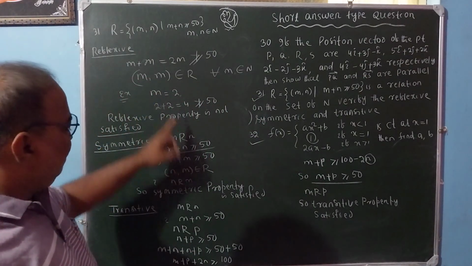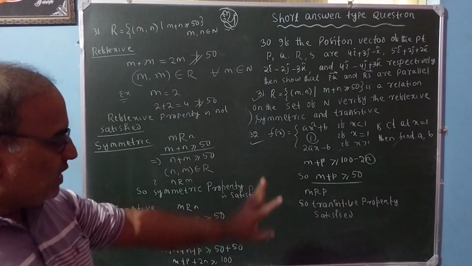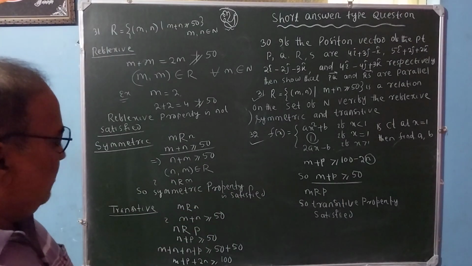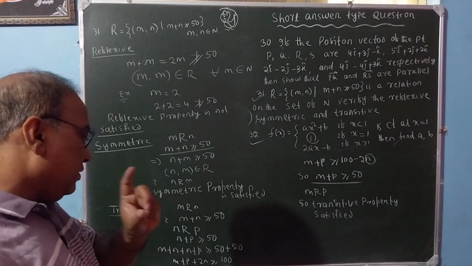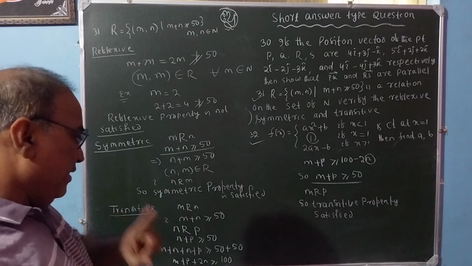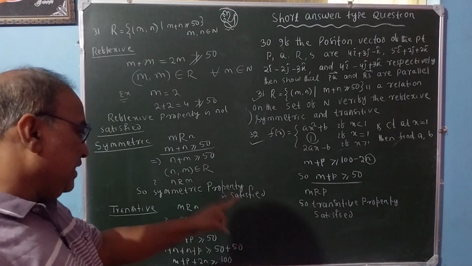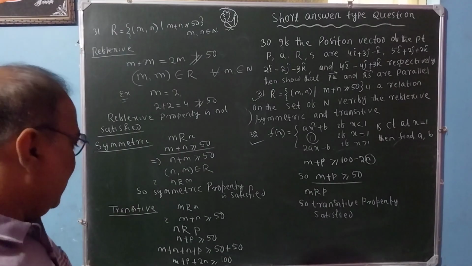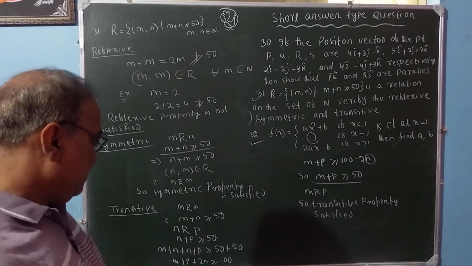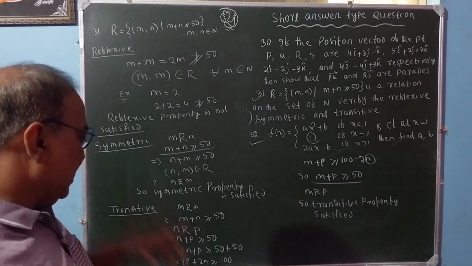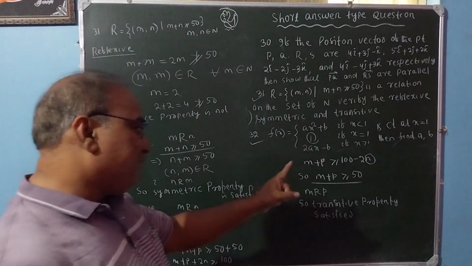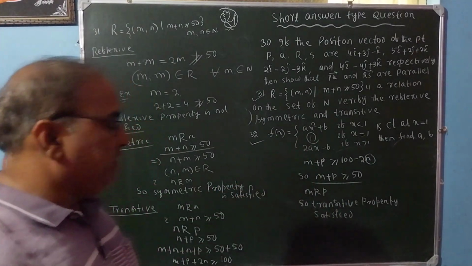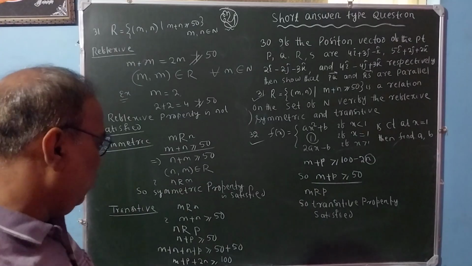Not reflexive, but symmetric as well as transitive. m related to n means you have to take m and n such that m plus n is greater than 50, and n plus p is also greater than 50. So m plus p is always greater than 50. You have to take one example.